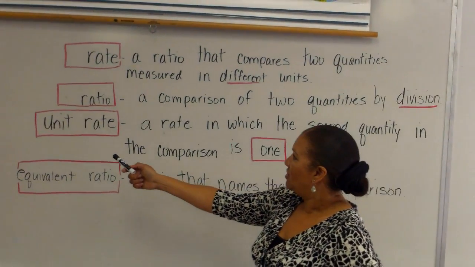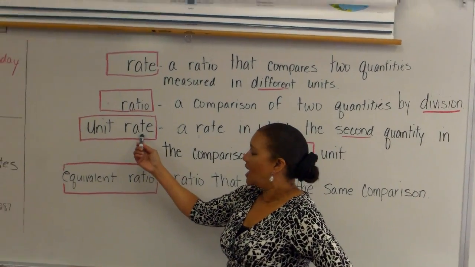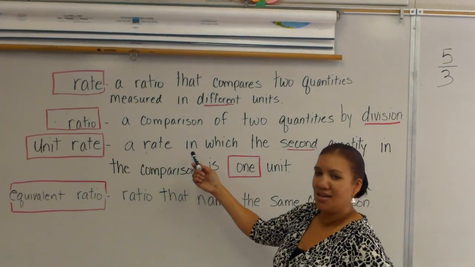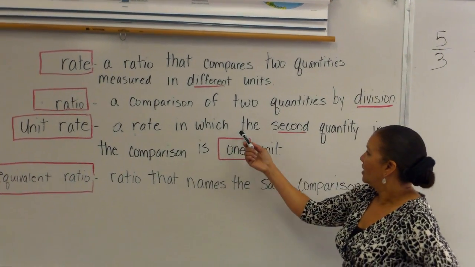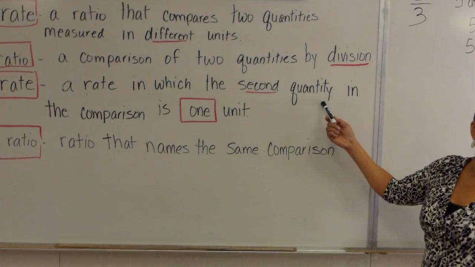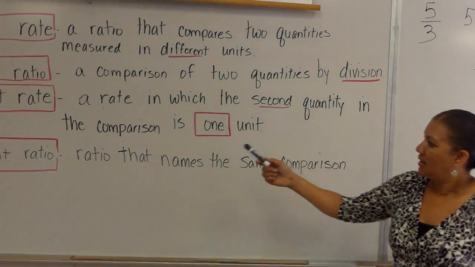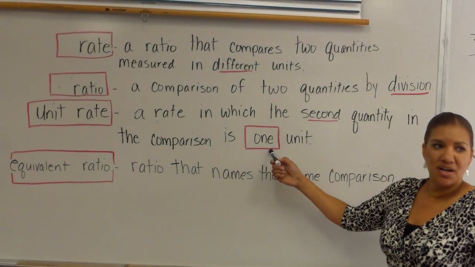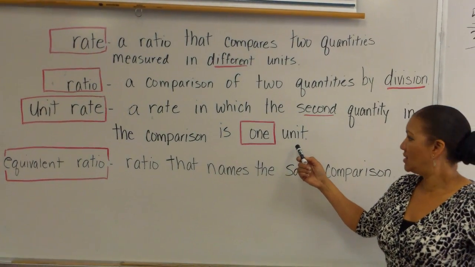A unit rate is a rate in which the second quantity in the comparison is 1 unit.